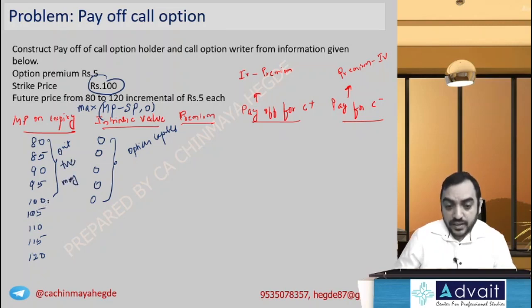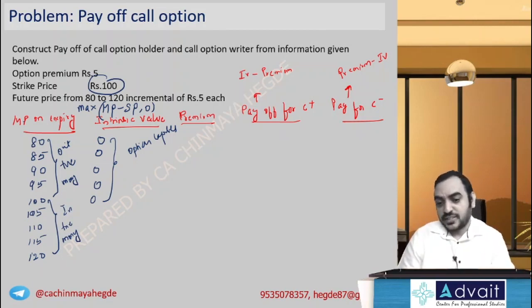Only after 100 does the option get exercised. Of course, at 100 it's at the money, but beyond 100 it is in the money. So below 100, above 100, I hope you remember this. So the option will lapse and intrinsic value will be 0.